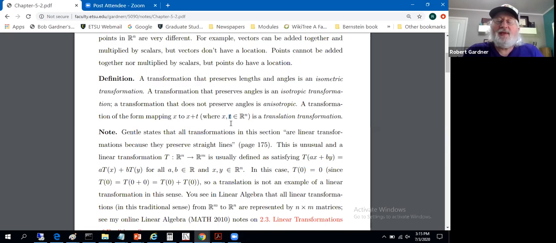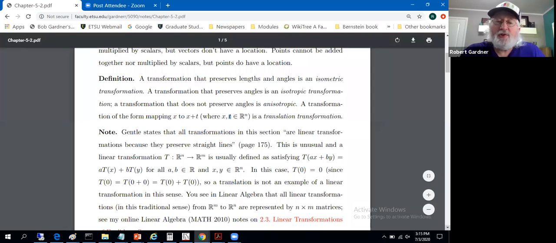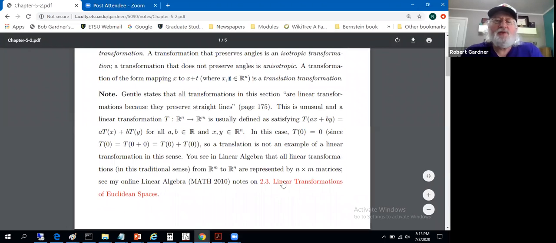You're familiar with linear transformations from linear algebra. Hey, linear transformations are represented by matrices. This translation thing, we're going to have a problem with interpreting that as a linear transformation. Gentle states that all transformations in this section are linear transformations because they preserve straight lines.